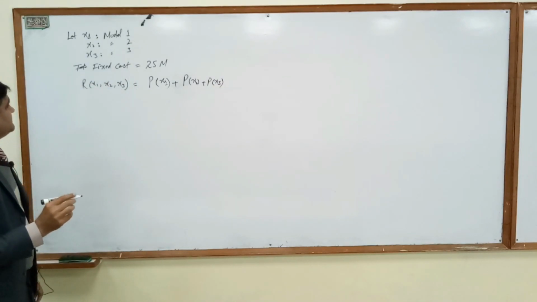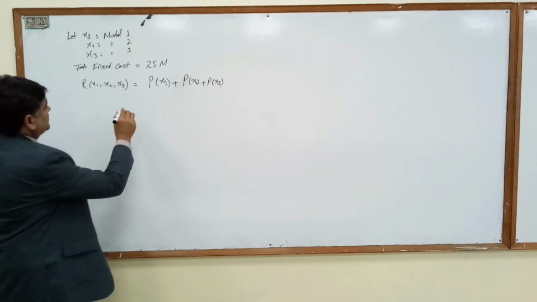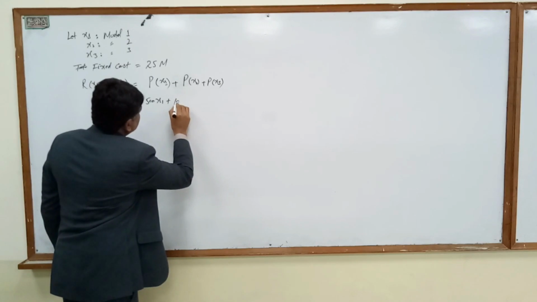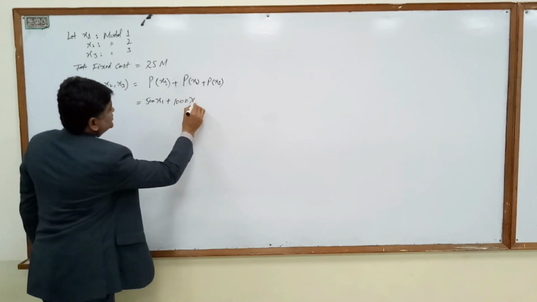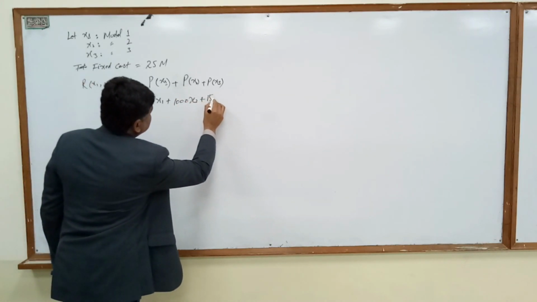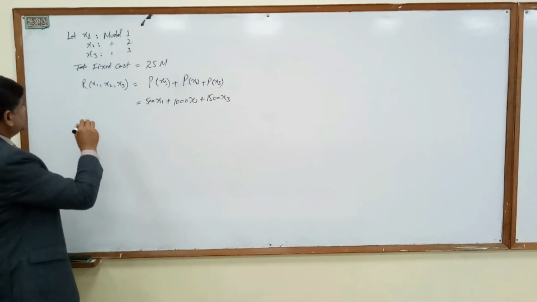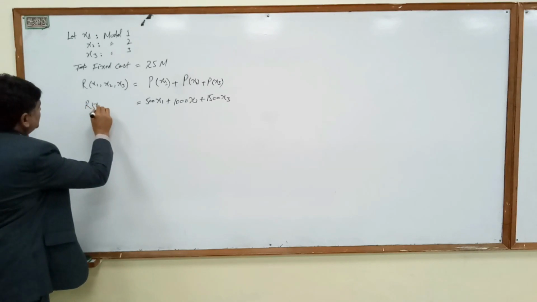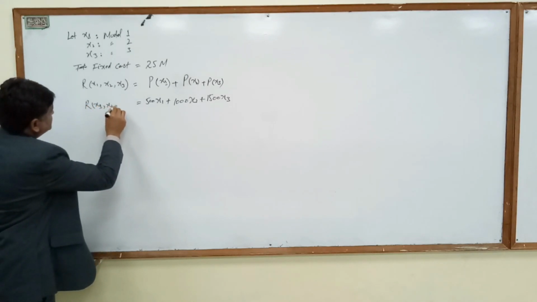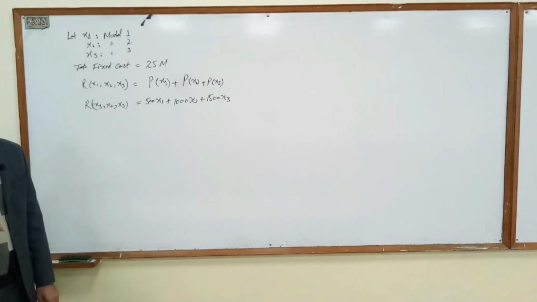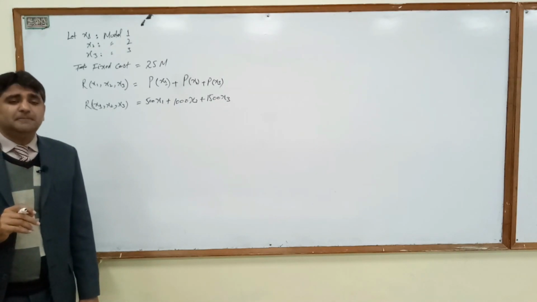What is the price of X1? 500 X1 plus 1000 X2 plus 1500 X3. Any confusion? So in part A, we just have to determine the total revenue function, or combined revenue function, or joint total revenue function of the given models.